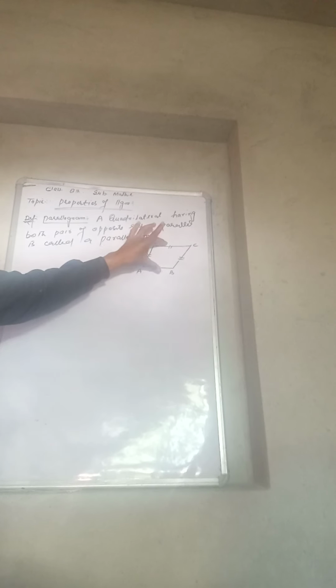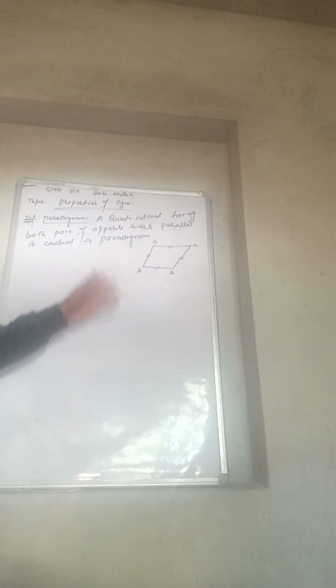These two sides are parallel and these two sides are parallel. We say that the quadrilateral is a parallelogram.